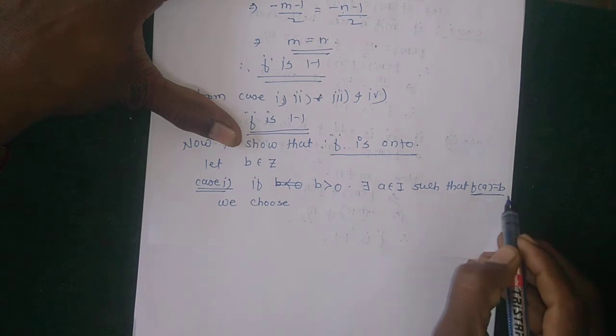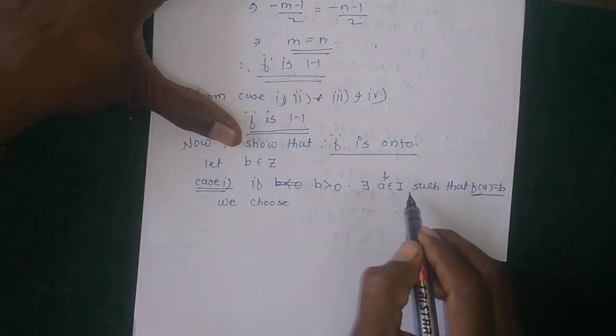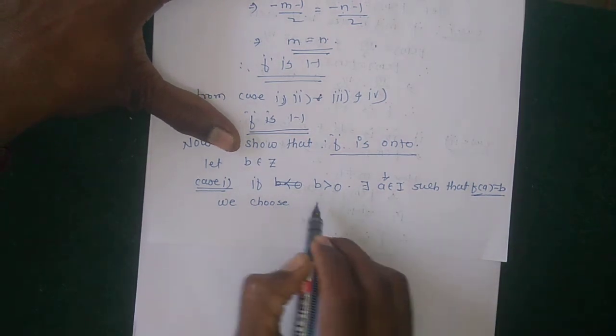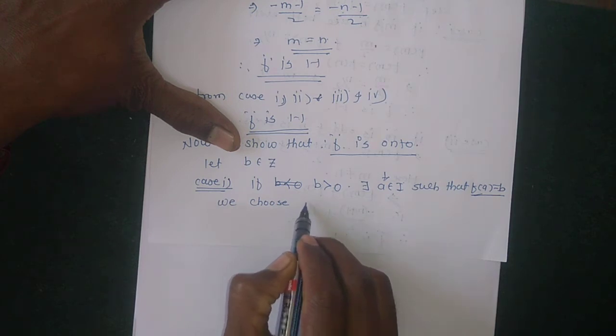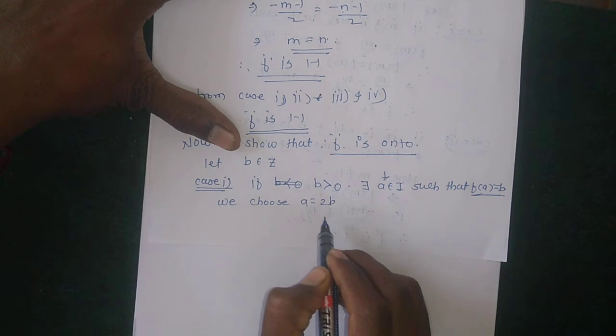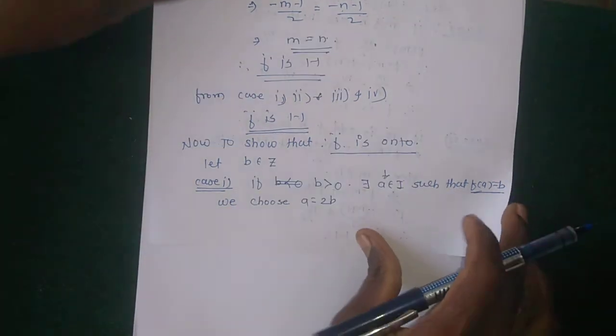To show that f of a is equal to b, we need at least one element a in I. So we choose, suppose that a is equal to 2b in our function.